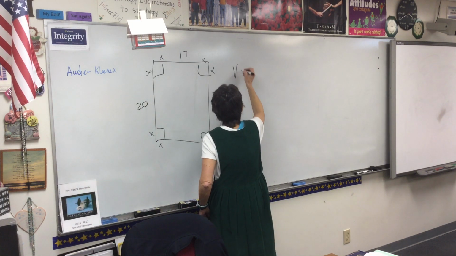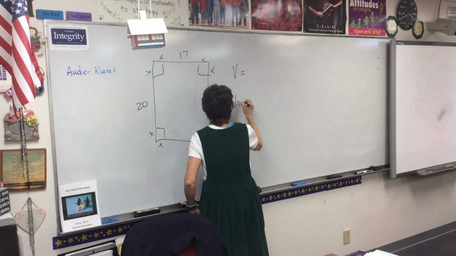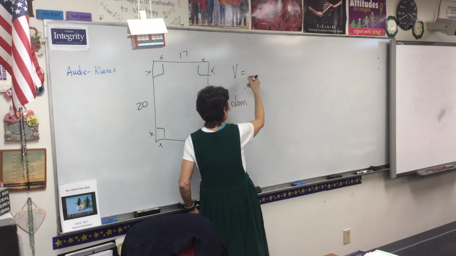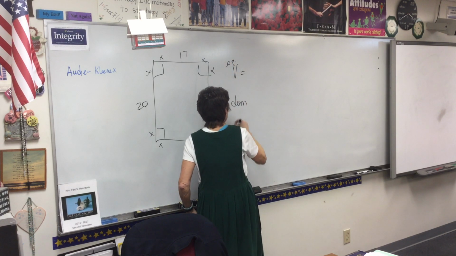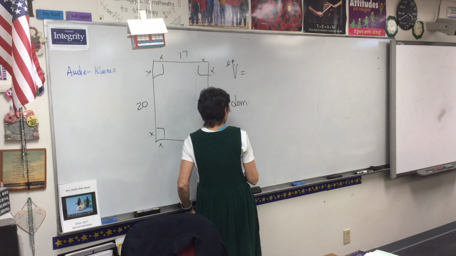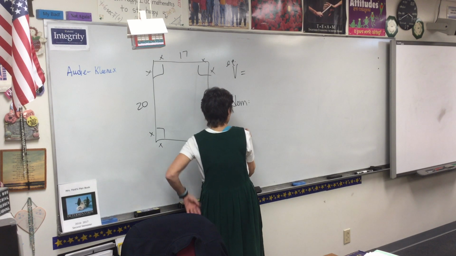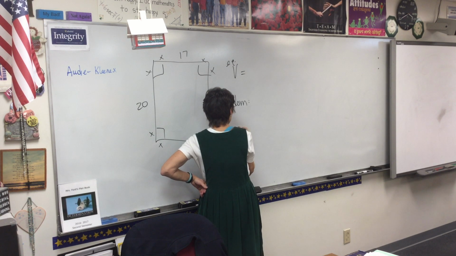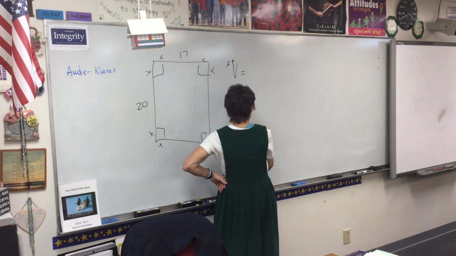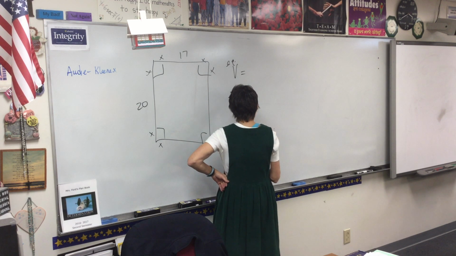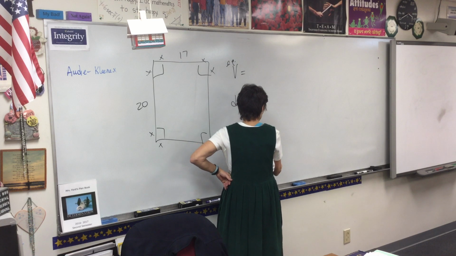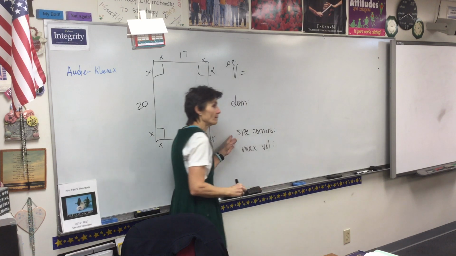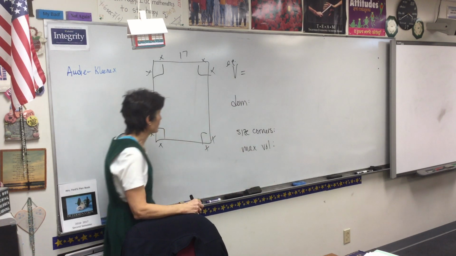You're going to have to give the volume equation, you're going to have to give the domain, and then you're going to have to find either the size of the corners or the maximum volume. Those two come together, it's just which one you pick.